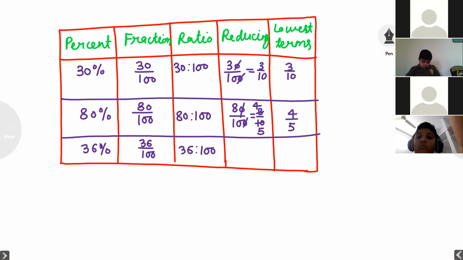Reduced form. 36 by 100, I want to simplify. 4 9s are 36, 4 25s are 100. 9 by 25. Draw this table clearly, everyone. I have converted percentage into fraction, fraction into ratio. Ratio I have written in reduced form or lowest form.